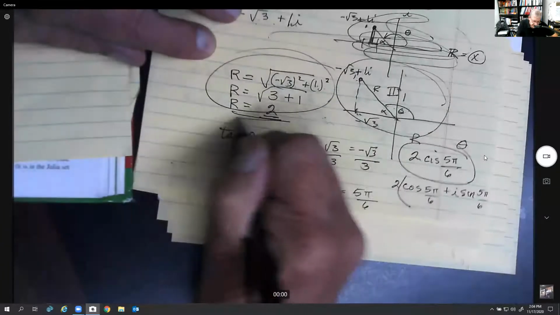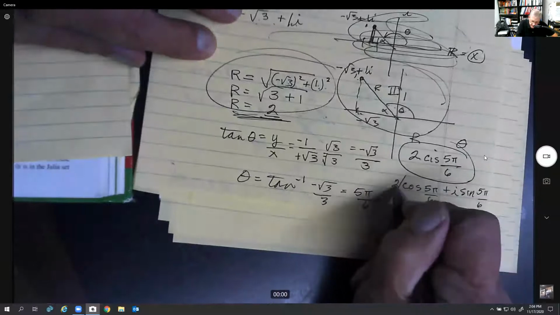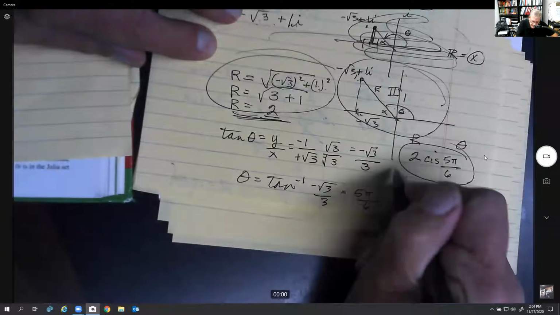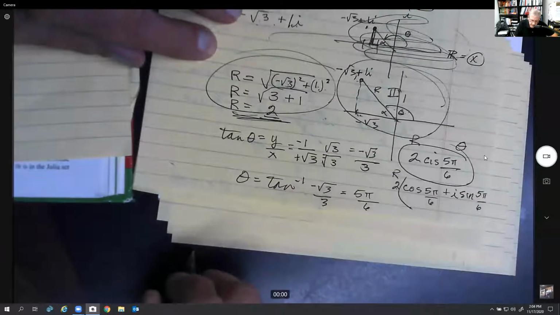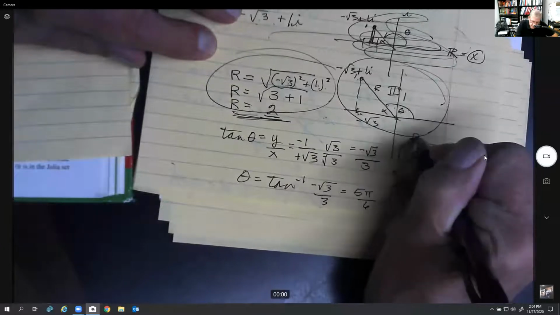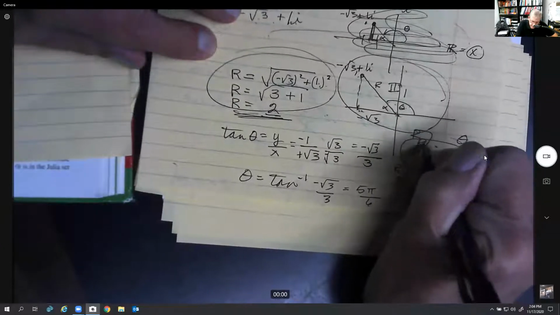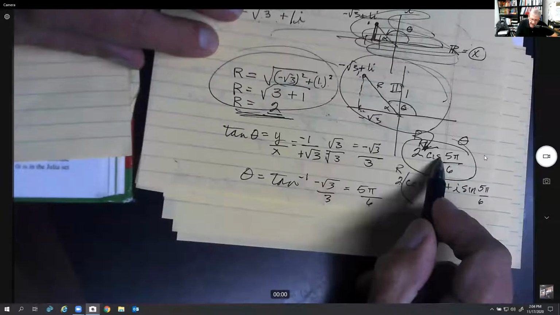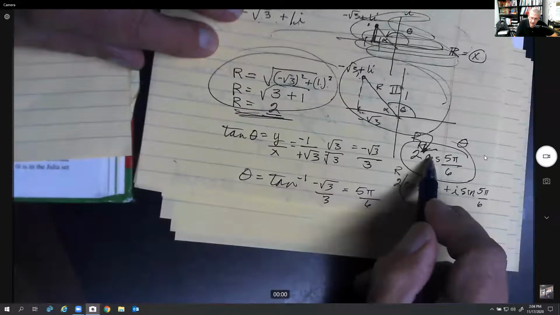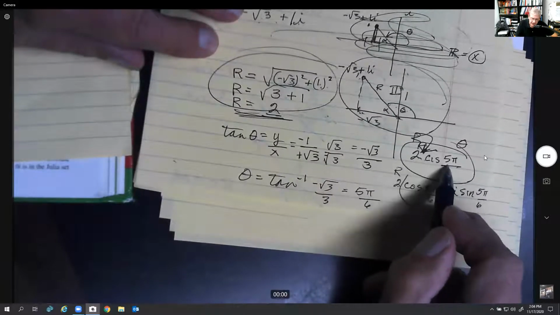This gave us our radius. The radius is in front of here. This is r, right here, r.